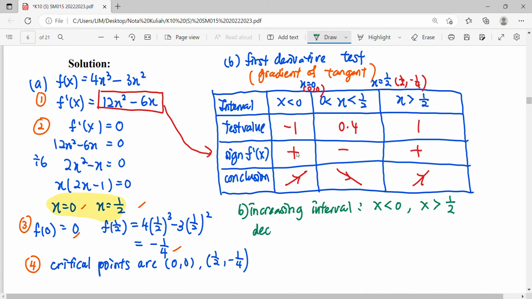The decreasing interval occurs between 0 and 1/2.